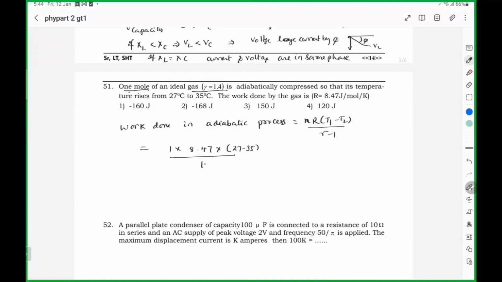Gamma value is also given. So 8.47 into minus 8 by 0.4, which gives minus joules.